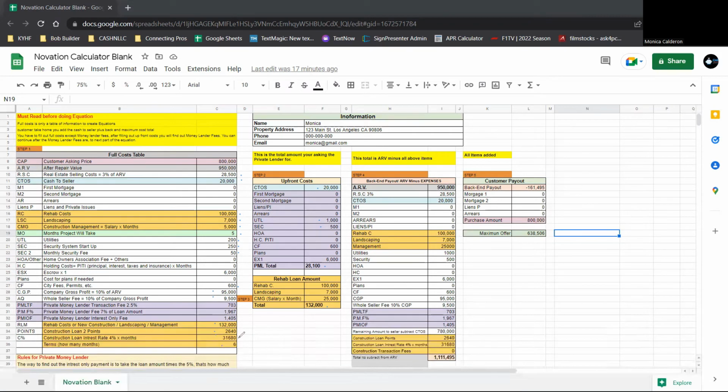This will be multiplied by the month. Once we've figured out the private money lender and the construction loan portion of the full cost table, everything will automatically move over to the back end payout. This is basically just where we take all our expenses, which have moved over automatically, and we're going to subtract it from the ARV.